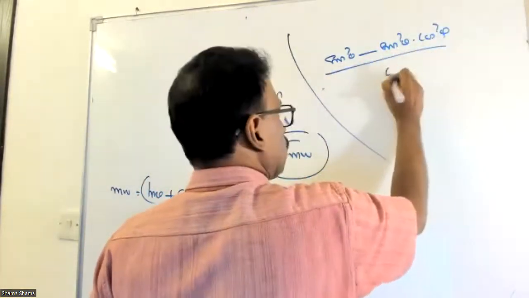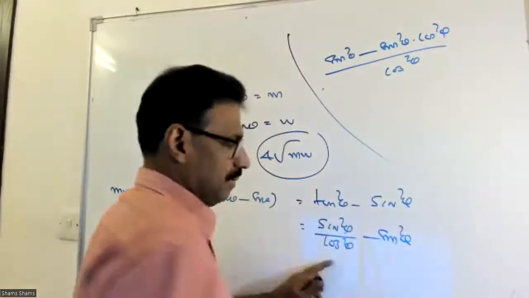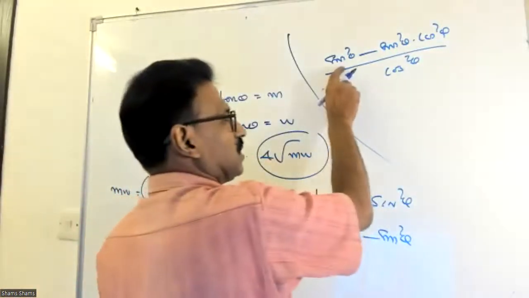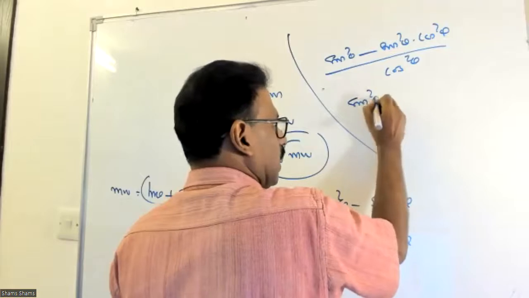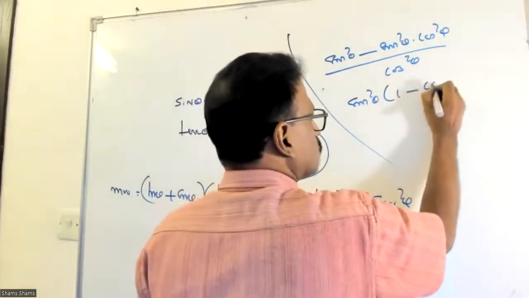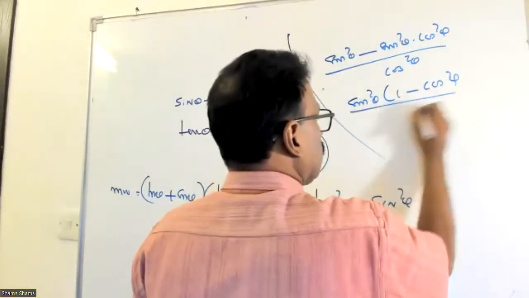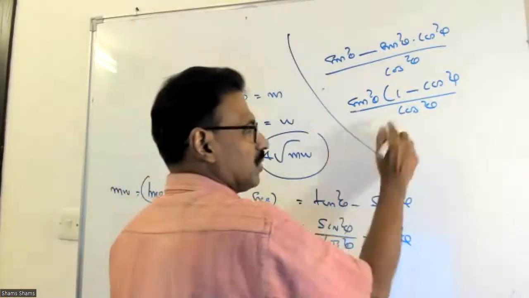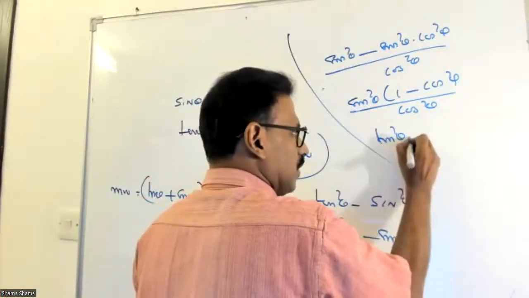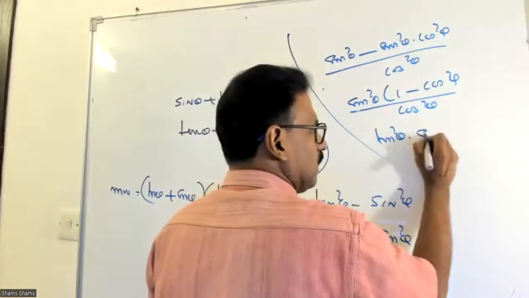Sin square theta minus sin square theta cos square theta. We can take sin square theta outside, 1 minus cos square theta divided by cos square theta. Now sin square theta by cos square theta is tan square theta, into 1 minus cos square theta, sin square theta.